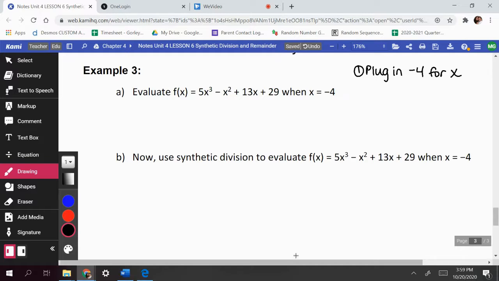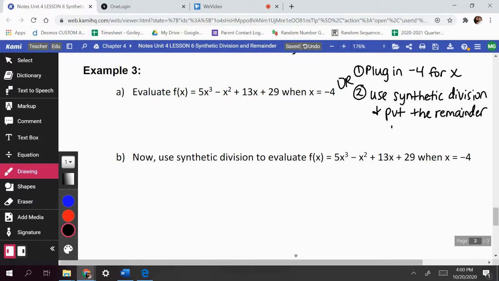The other way that we can evaluate an expression is with synthetic division, and put the remainder as our answer. Okay, so we have 2 ways to evaluate an expression now. In part A, I'm just going to practice plugging in -4 because for part B, it tells us to use synthetic division. So let's go ahead and just practice the first method.